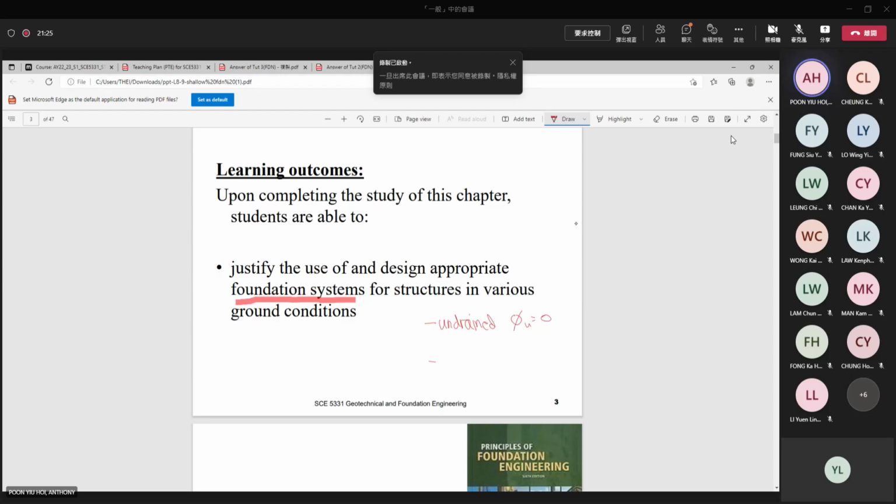This is the total stress analysis. And then we have the effective stress analysis. For this one, we use the undrained shear strength. For this one, we use the drained shear strength, or the effective shear strength. Do you still remember when to use which?